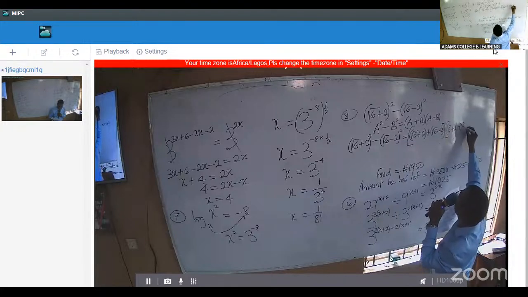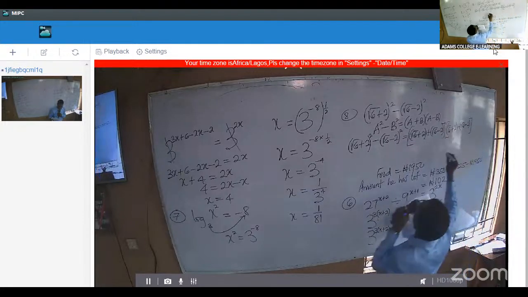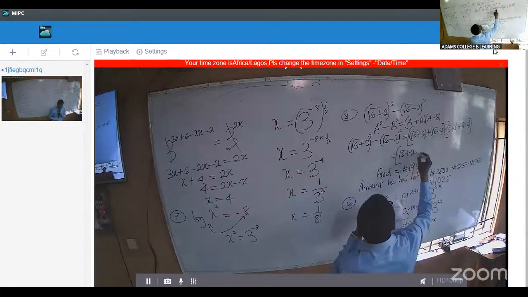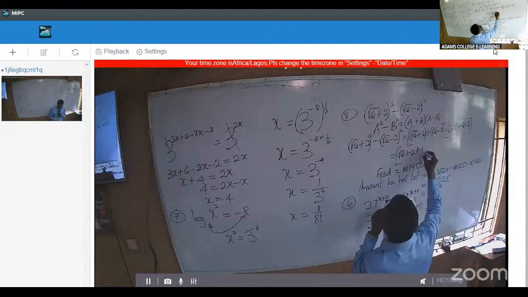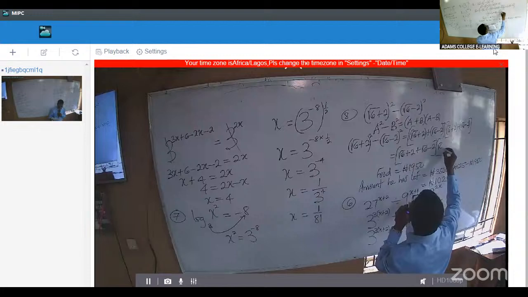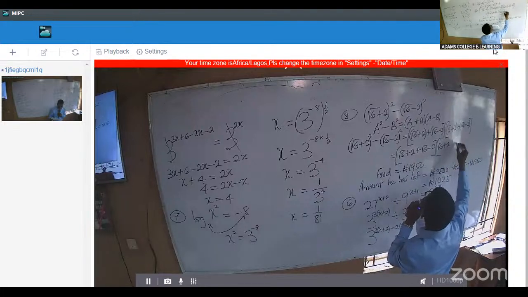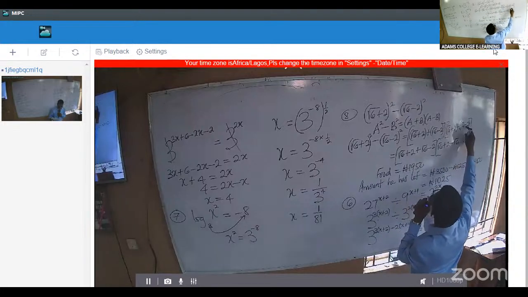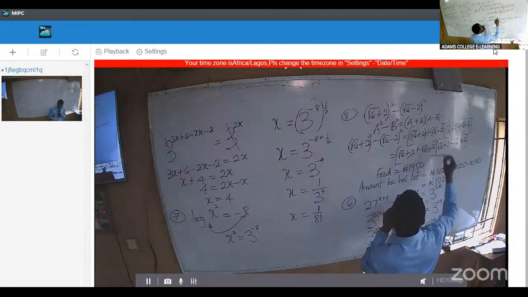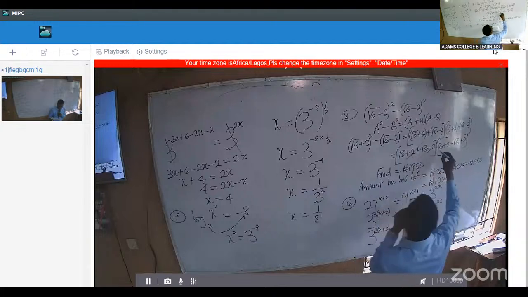Root 6 minus 2. Now open the bracket, what are you going to have? Root 6 plus 2 plus root 6 minus 2. Open that bracket: root 6 plus 2 minus root 6 plus 2. The 2 cancels the 2, root 6 cancels root 6.